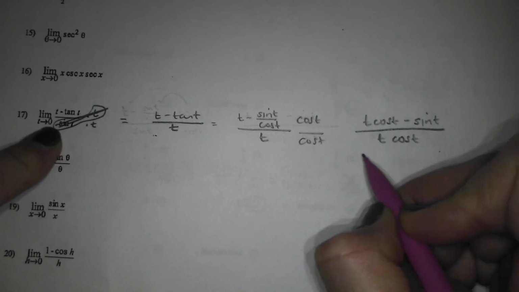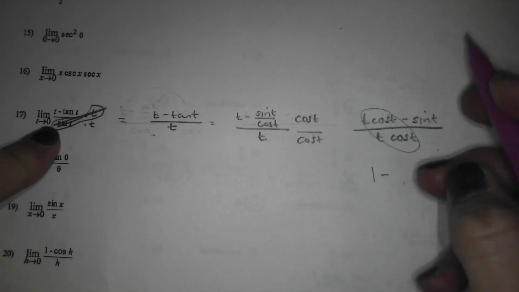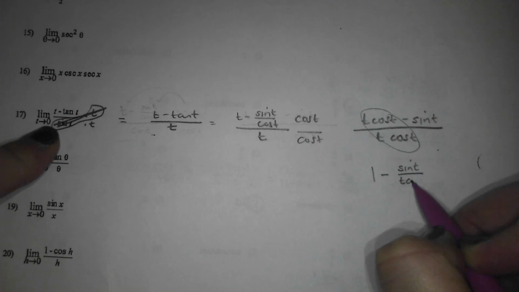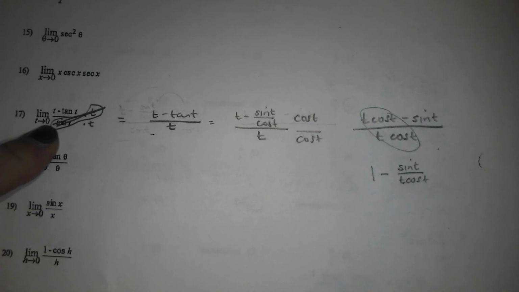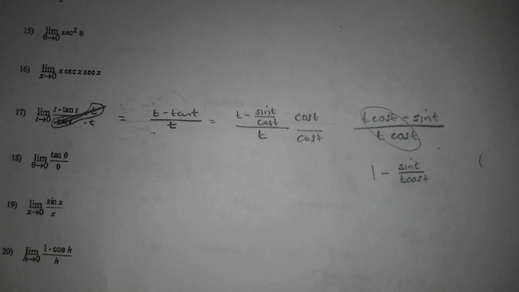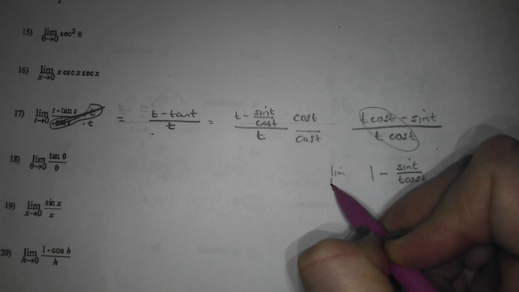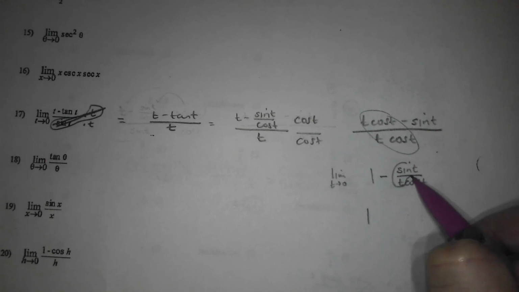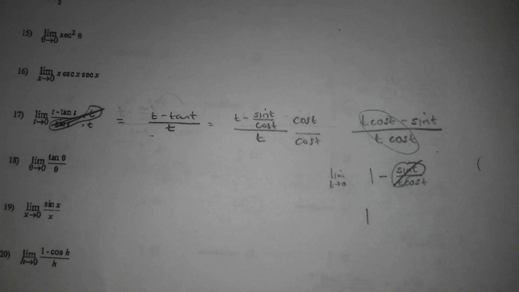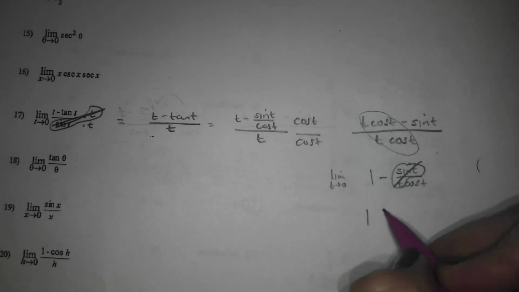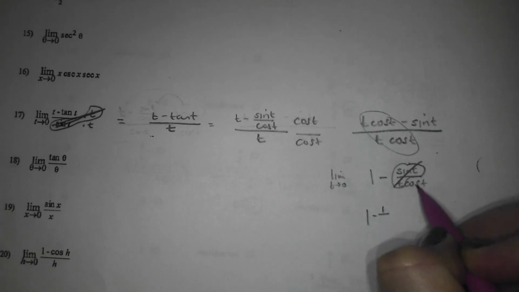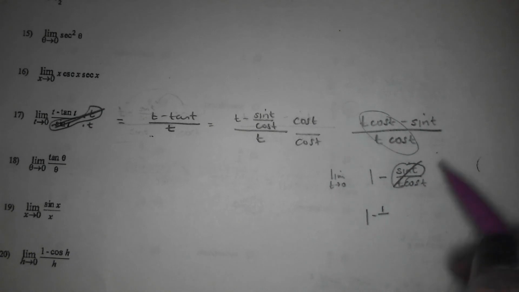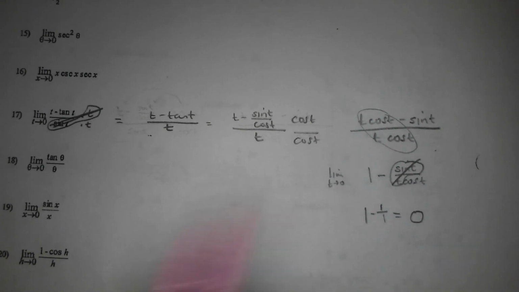So that would be 1 minus sine t over t cosine t. Follow that? And then if I'm looking for the limit as t approaches 0, this would still be a 1. This part would cancel, sine t over t. And it would be 1 minus 1 over the cosine of 0, which is 1. So I'd get 0.